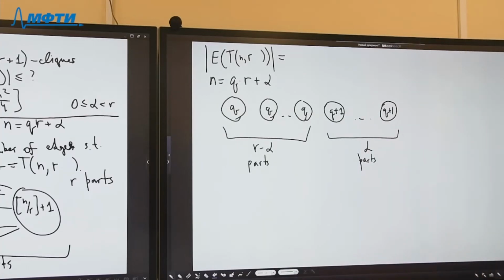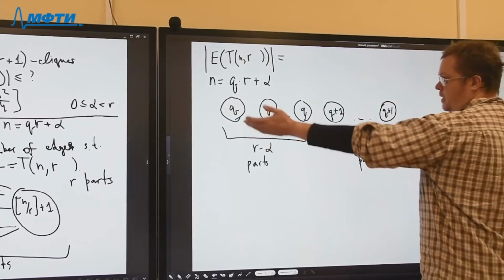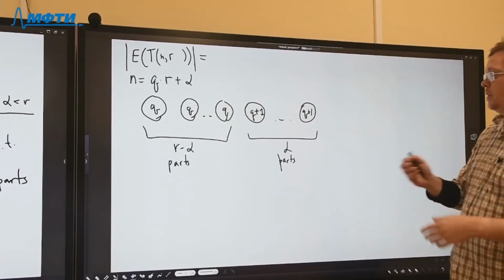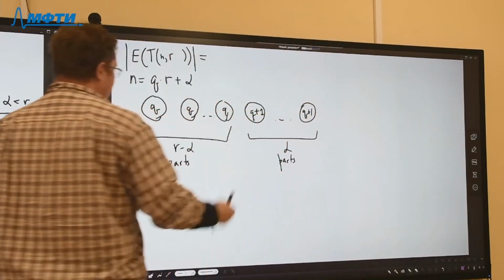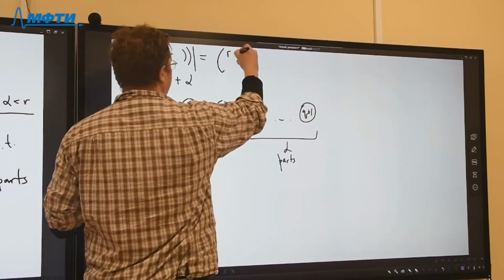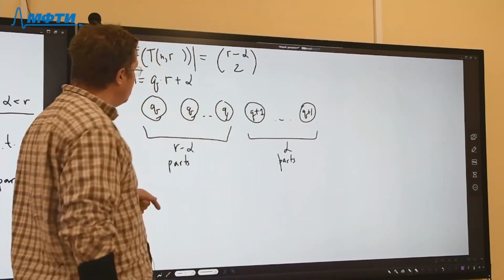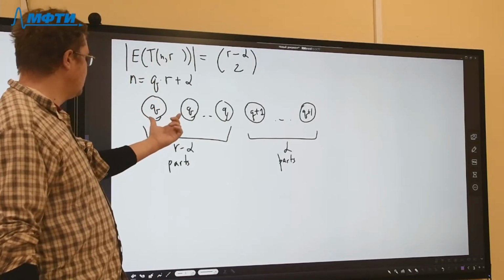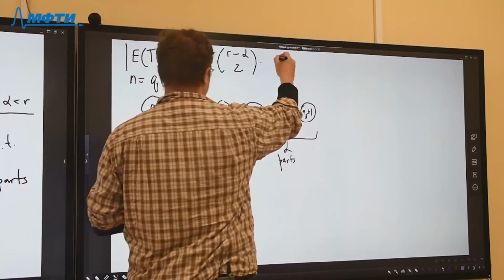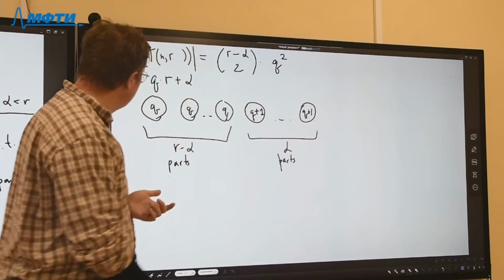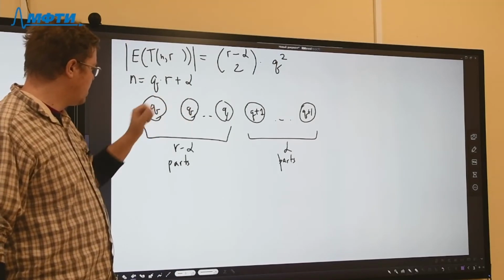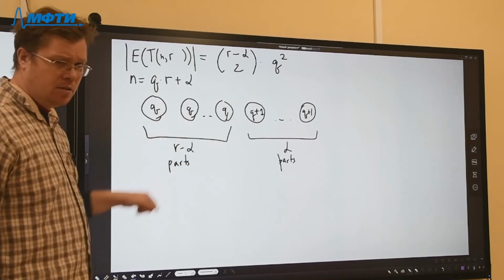And so we just can calculate all edges inside this part, all edges inside this part, all edges between them. So for example, if we take two parts of the q kind, we can do r minus alpha choose 2 options, and then the number of edges between two parts is just q squared, yes? Because we take each of q vertices and connect it with the other q vertices.